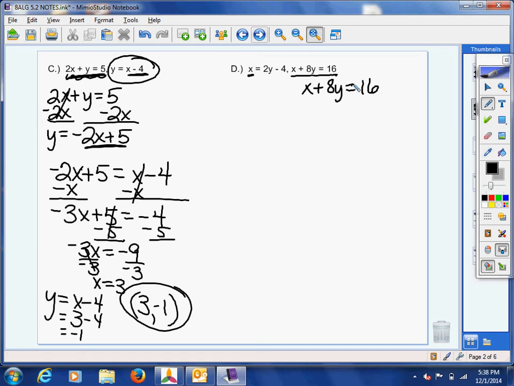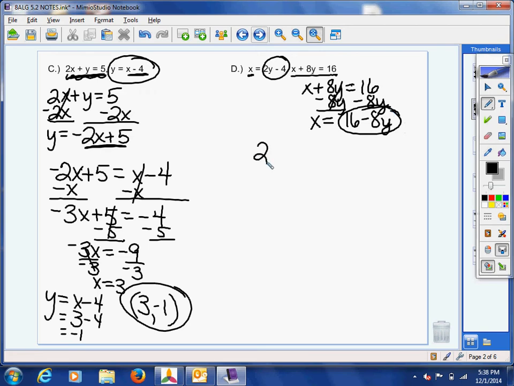Because it doesn't always have to be y by itself. It can be that the x's are by themselves. So, all right, I'm going to take away 8y from each side. So now I have 16 minus 8y. That's x. And so is this. So I have x has another name, 2y minus 4, and x is also 16 minus 8y.